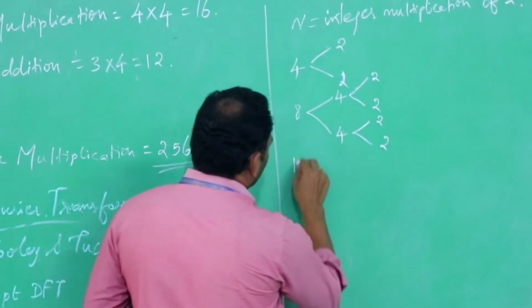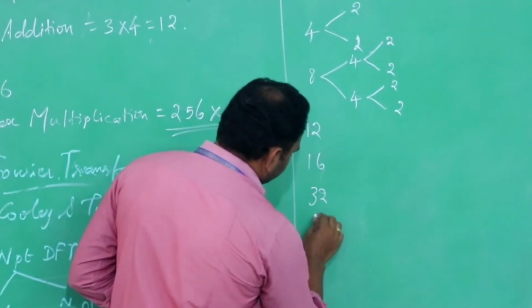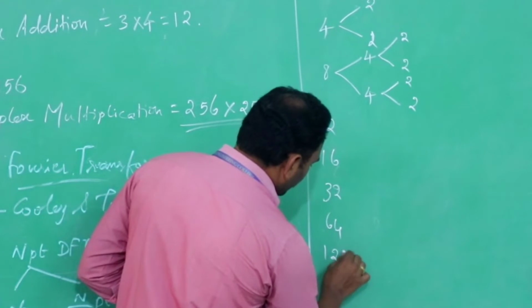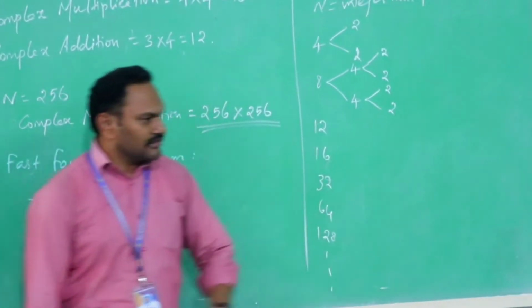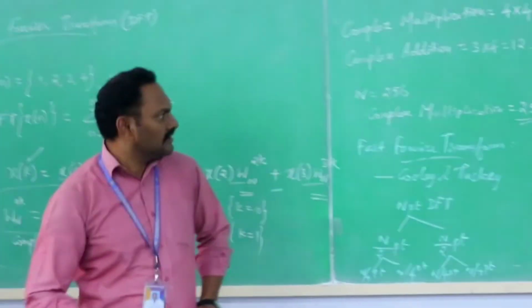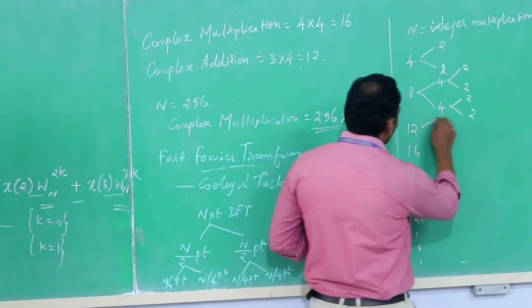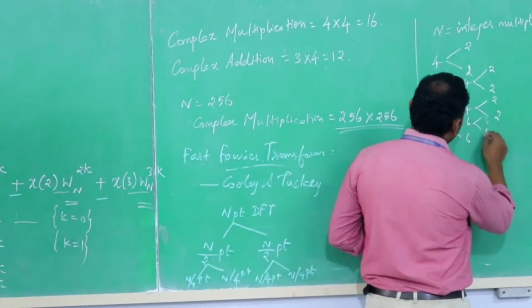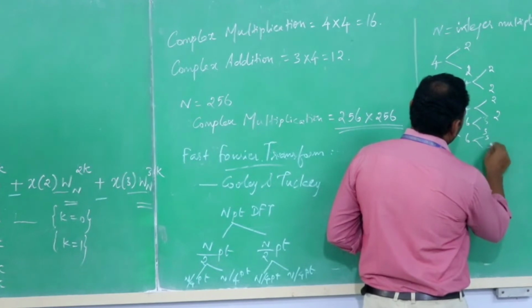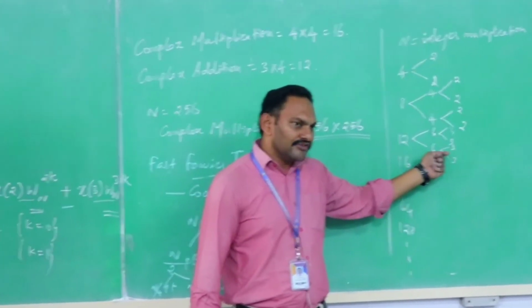Likewise, we have to consider 12, 16, 32, 64, 128 and so on. 12 means we need to subdivide this into 6 and 6, and 6 again we can subdivide into 3 and 3, which will get the result, but this will have some issues in solving.